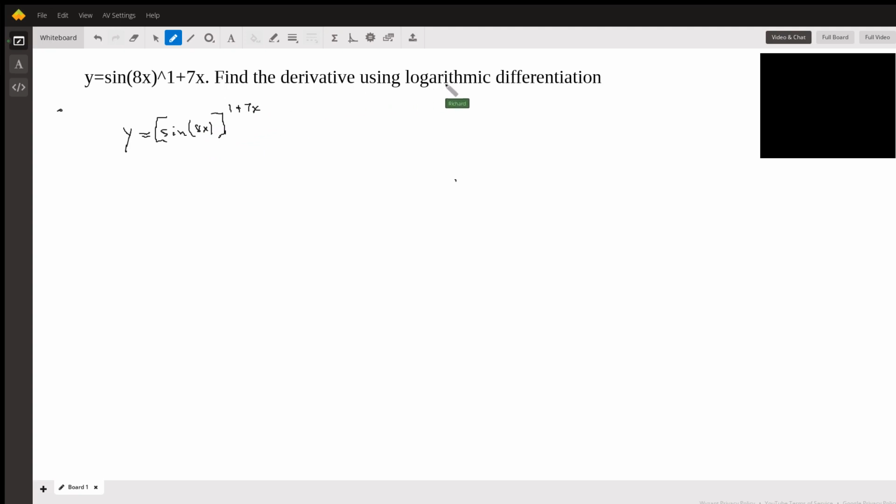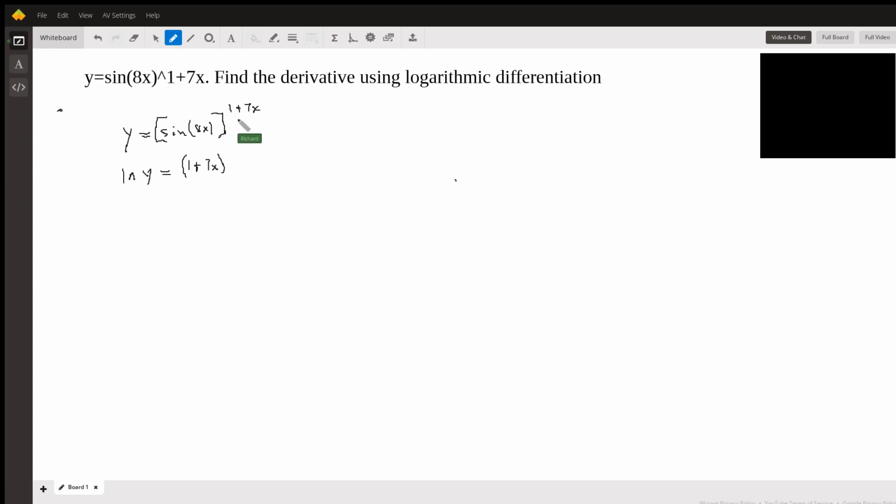So one way of approaching this is this technique called logarithmic differentiation, where we just take the log of both sides. We'll use the natural log here. And you might remember from your laws of logs that the exponent comes down and you put that in front.